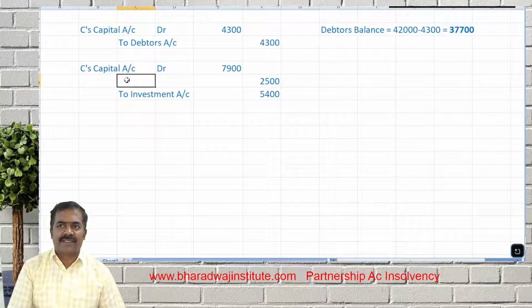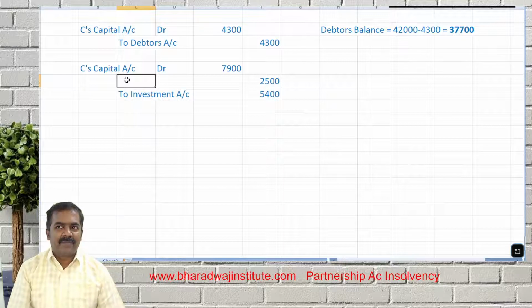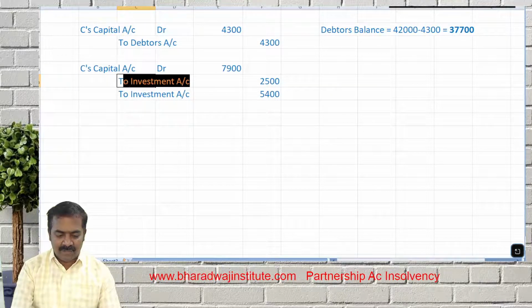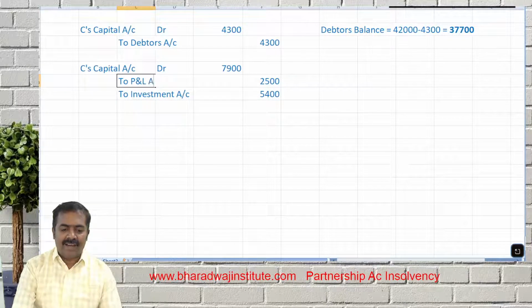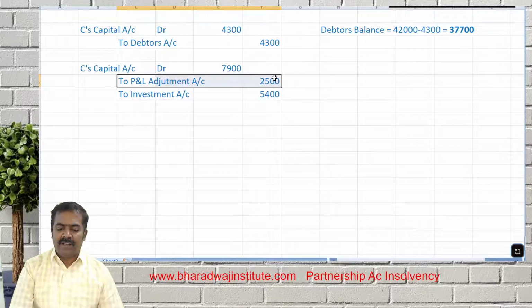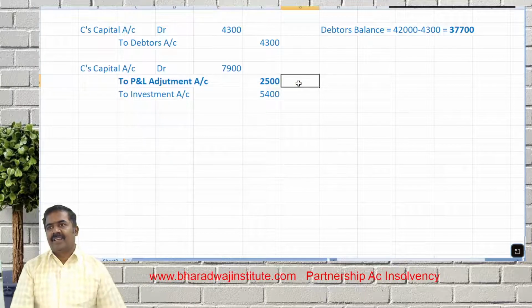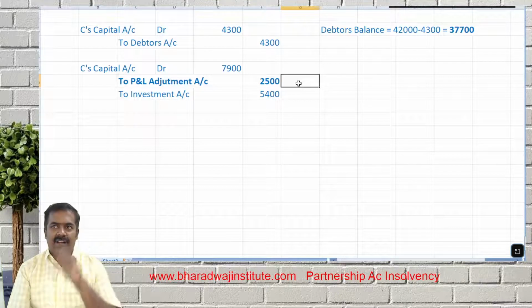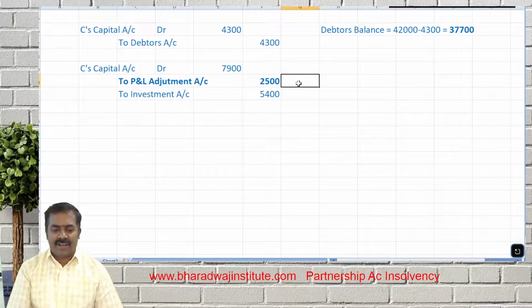What will you do with the profit? Where will you transfer it? Do you remember? If errors are rectified after preparation of final accounts, we transfer to which account? P&L adjustment account. If errors are located after preparation of the balance sheet, we rectify the error and transfer to the P&L adjustment account.